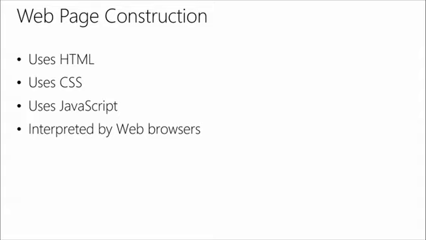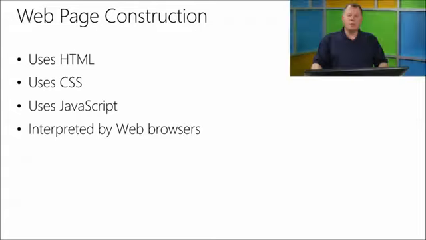So with web page construction, especially with the introduction of HTML5, which is the latest standard from the World Wide Web Consortium, the group of folks who maintain the standards for HTML and for web technologies, HTML5 now includes 3 technologies that complement each other: HTML, or the hypertext markup language, CSS, known as cascading style sheets, and JavaScript, which adds functionality to our applications.